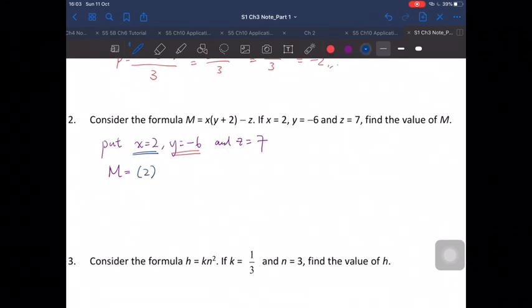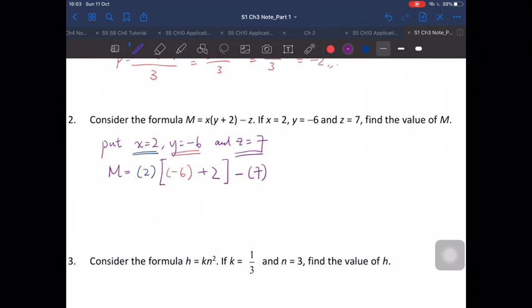So therefore I will use big brackets, and then brackets negative 6. Why do we use box brackets? Because substituting a negative number needs brackets, so there would be two small brackets, which is troublesome, so we use one box bracket. Next part it will be plus 2, close box brackets, minus the z value. The z value will be 7, so just bracket 7, okay?